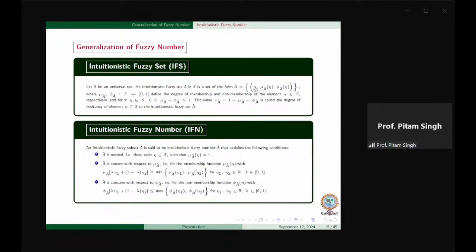Eta is the argument or any statement which belongs to the support. This is the membership grade for that particular eta, and this is the non-membership grade. The hesitancy should be a value from 0 to 1, known as the degree, that is pi A.